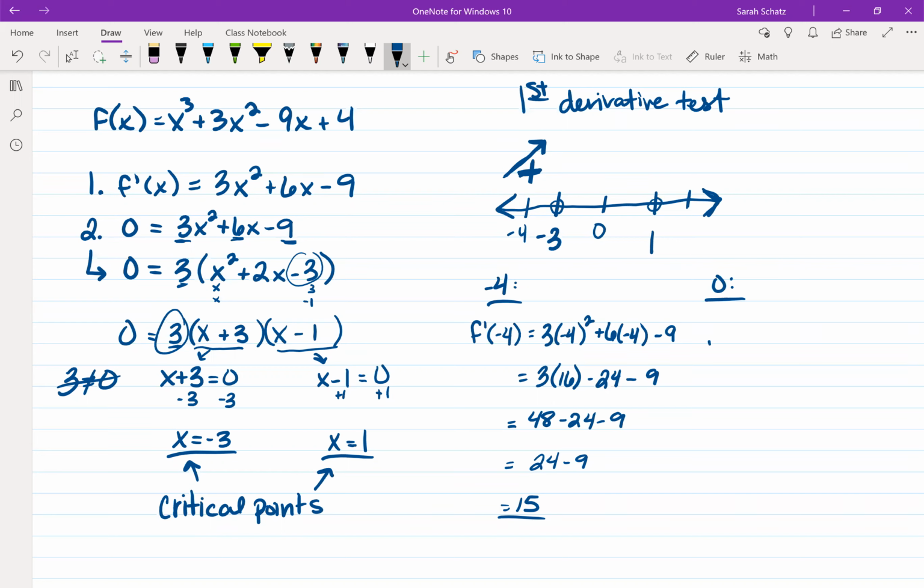The derivative at 0 is going to be super easy, because if you put a 0 in for all those x's, all you're going to be left with is the negative 9. I don't care that it's 9, I care that it's negative. So this area in between is negative, which means the graph is pointing down there.